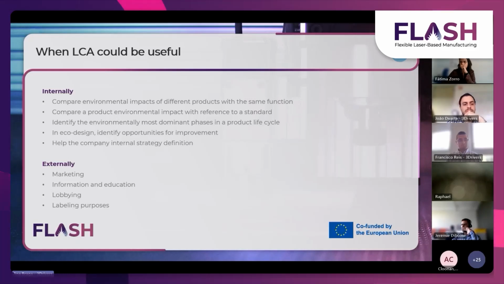These studies are also mostly applied to identify the environmentally dominant phases in a product's life cycle, to identify how they can be improved for eco-design, and to identify opportunities for improvement. It can also help the company define its internal strategy for sustainability, for example.